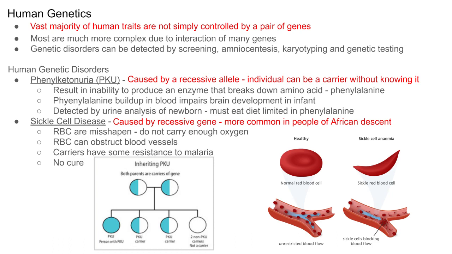Sickle cell disease, another genetic disease that's caused by a single recessive gene, causes the blood cells to be misshapen, especially in low oxygen conditions. It can lead to people having attacks in which these blood cells build up and block the flow of blood to different parts of the body, leading to pain or damage to certain organs.